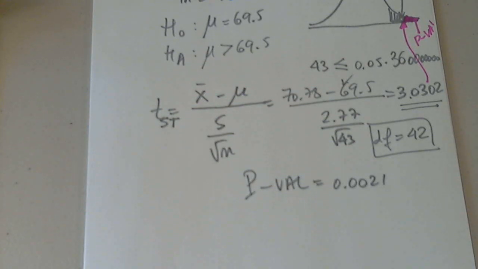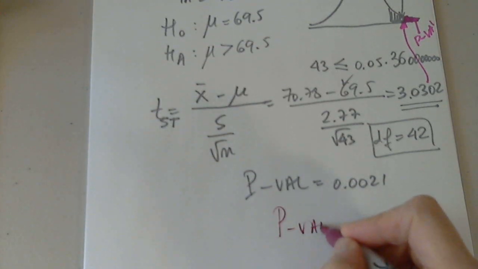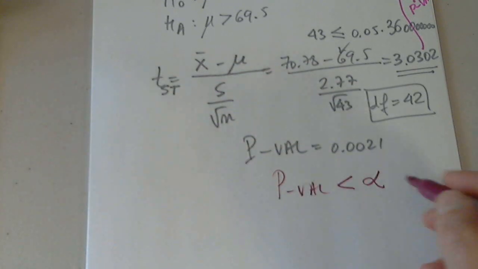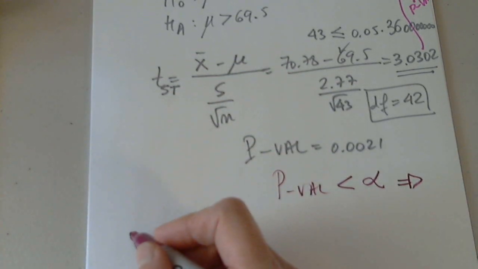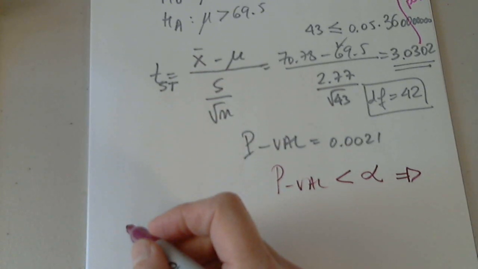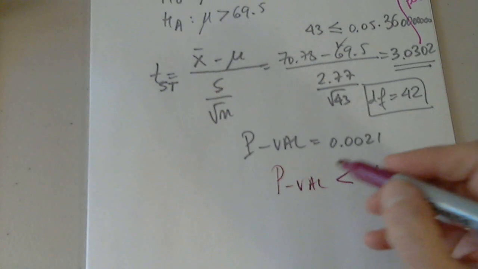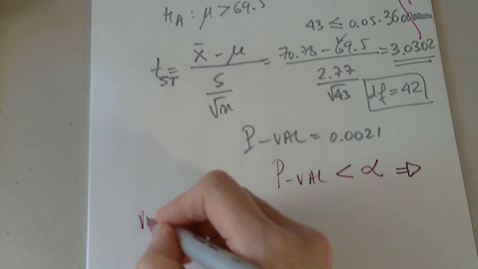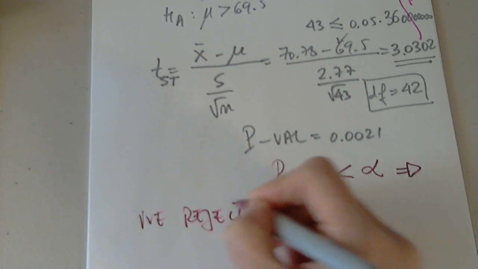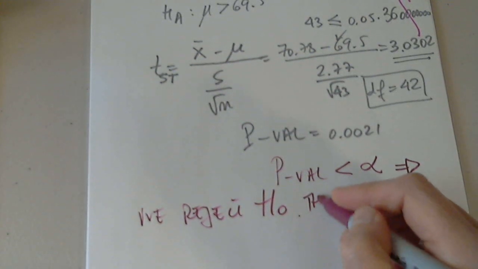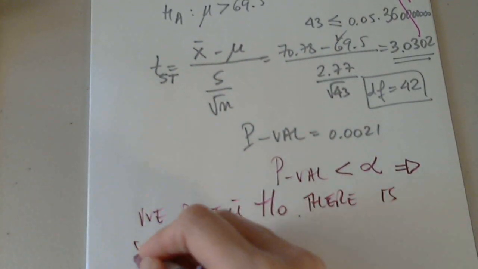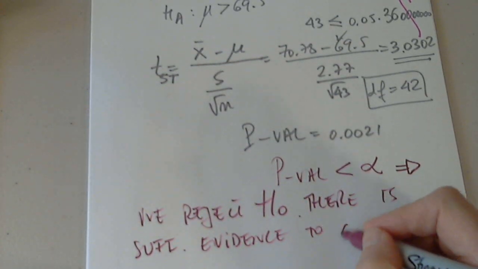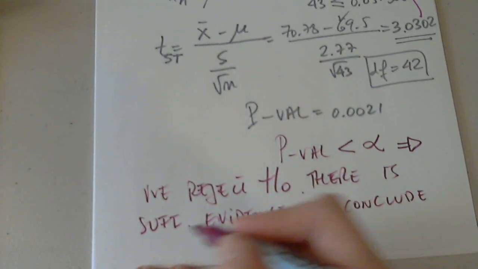So the p-value is less than alpha. And we conclude? Is it statistically significant? Yes. So we reject the null hypothesis. There is sufficient evidence to conclude that they are taller.